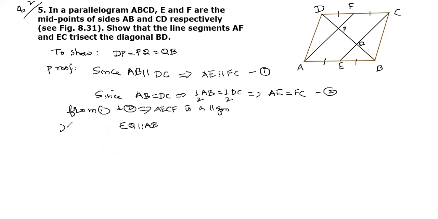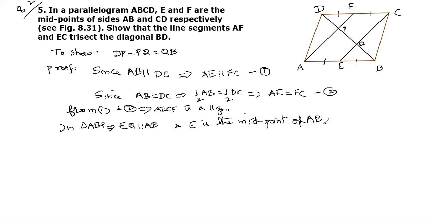In triangle ABP. I have shown that with different colors. So EQ is parallel to AP and E is the midpoint of AB.